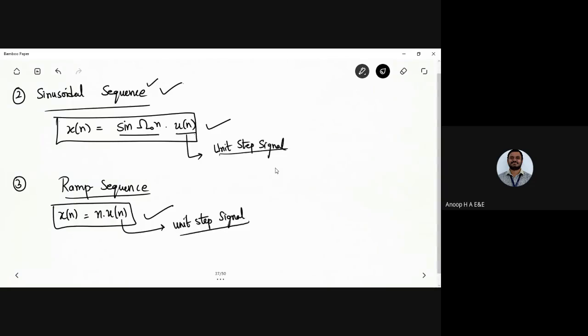Now I can give you a hint. The z transform of x of n is the summation over n equal to minus infinity to plus infinity of sine of omega naught n into u of n, times z power minus n.